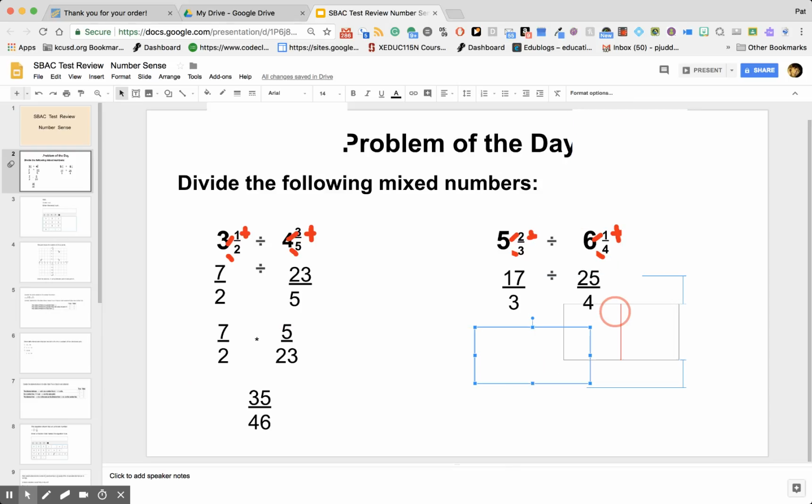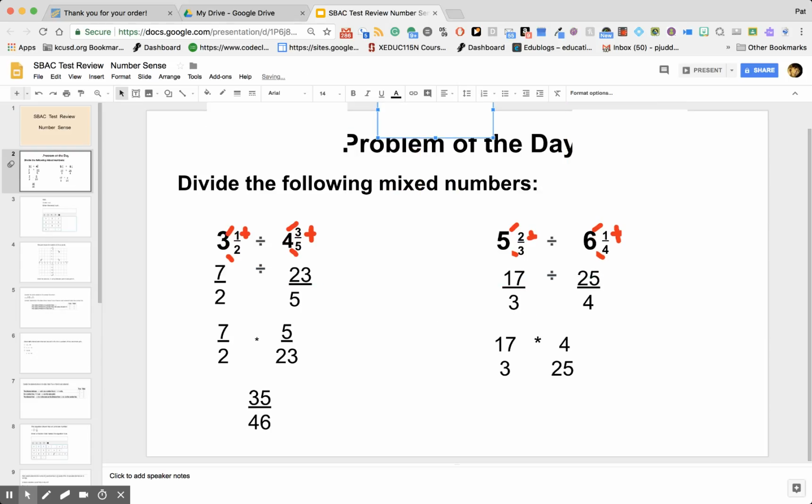After you change to improper fractions, you are going to change division to multiplication, use inverse operation, and use the reciprocal for the fraction on the right, or for your divisor. And when you multiply, you end up with 68/75. Okay, hopefully you got both of those.